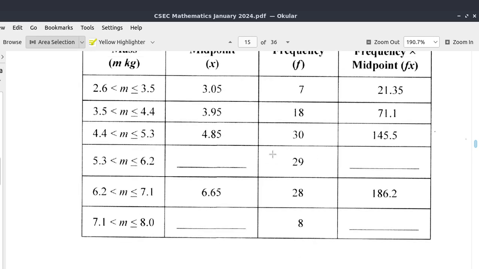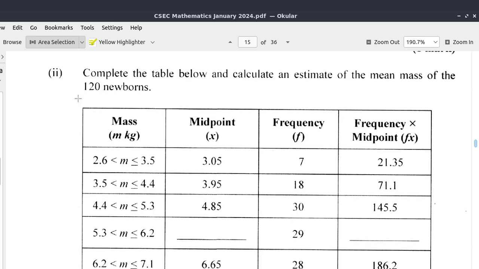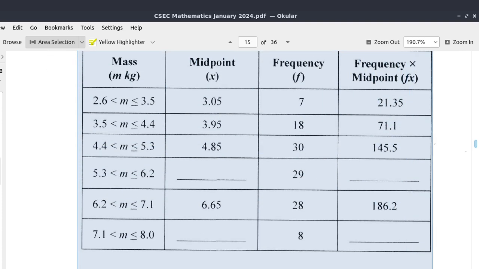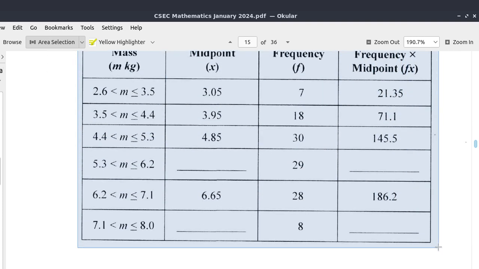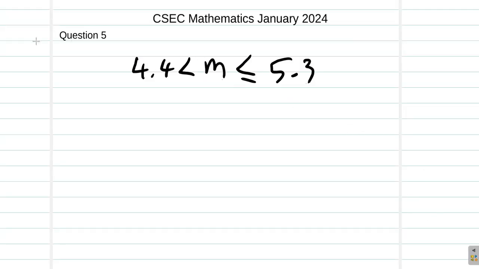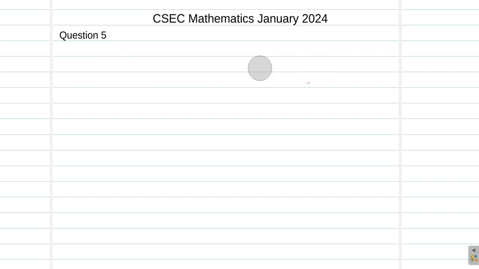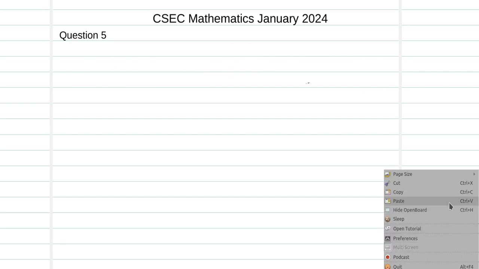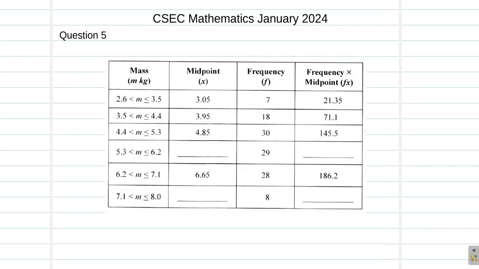You need to know how they get the values that they have so you can find the new values. Let's copy this and paste it over here. We're going to fill it out over here.